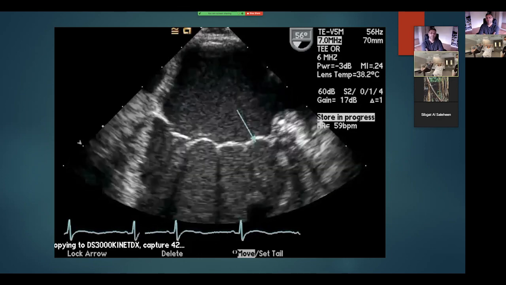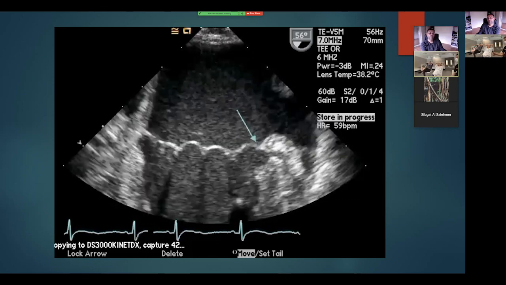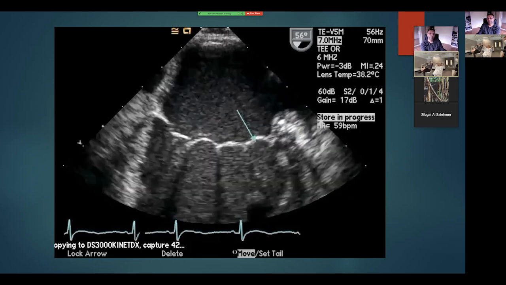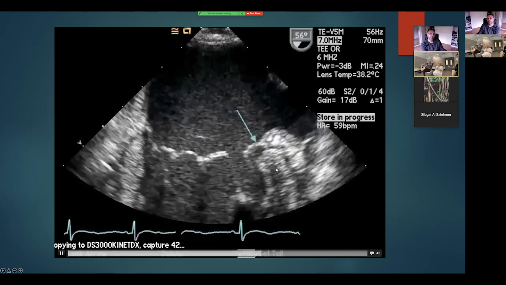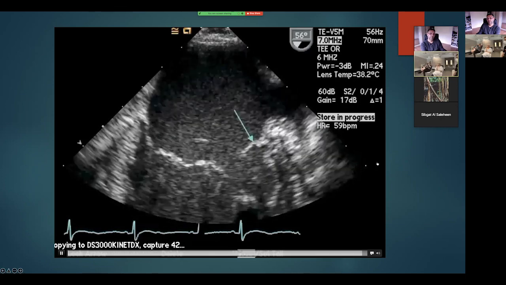The one on the left is inferior, and the anterior is on the right. So the posterior leaflets would be on the left and the anterior leaflets would be on the right.